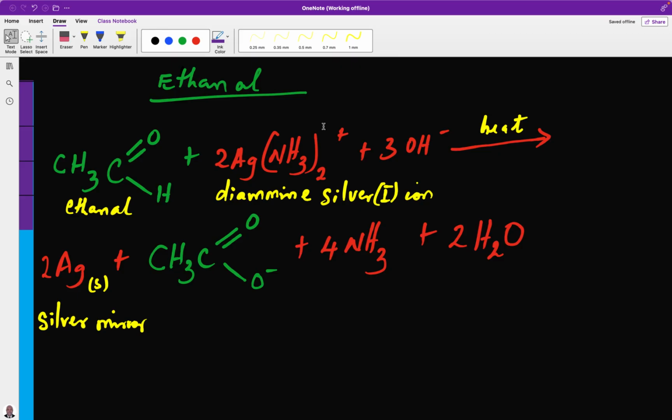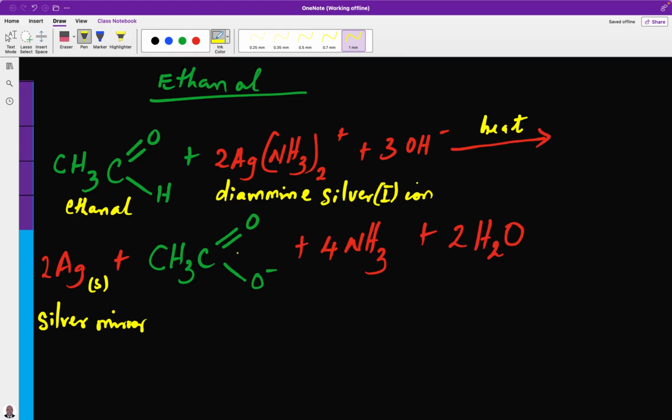That is the reaction. What you are saying in this reaction is that because the reaction is taking place in an alkaline medium, it is usually a carboxylic acid that is being formed.